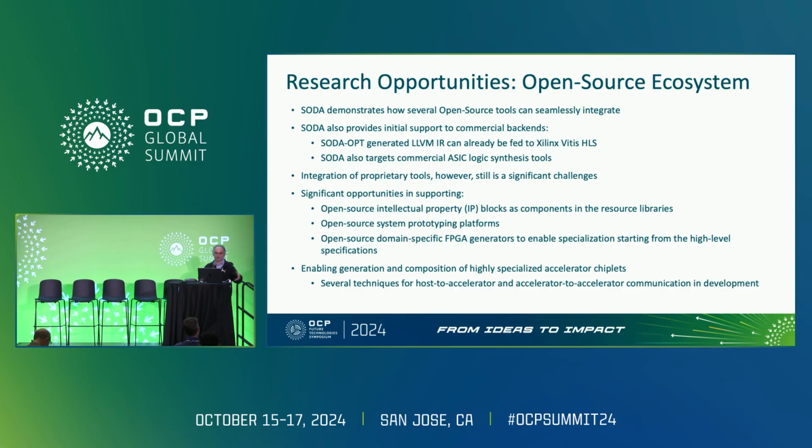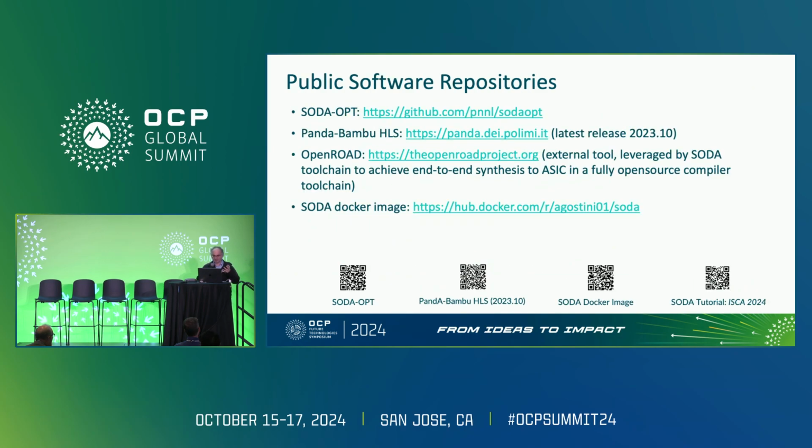And also, there are open source FPGA generators, so that you can even generate your domain-specific FPGA. The idea is really that we can have this community that is focusing on the generation and composition of highly specialized accelerator chiplet designs. So hopefully this is a good venue to start this type of discussion.